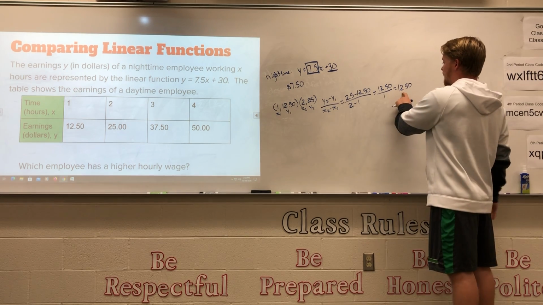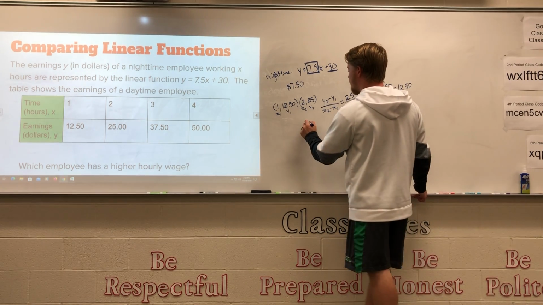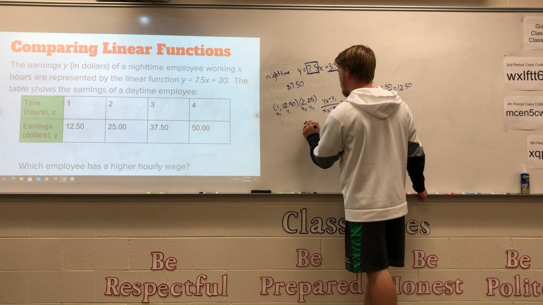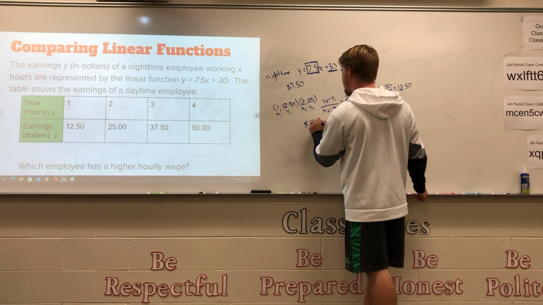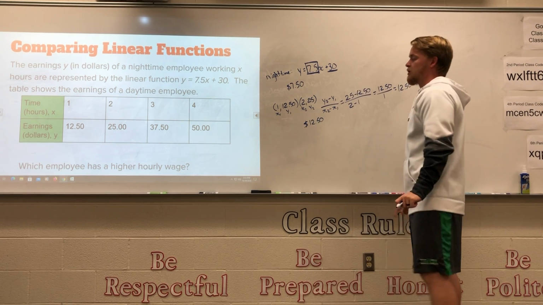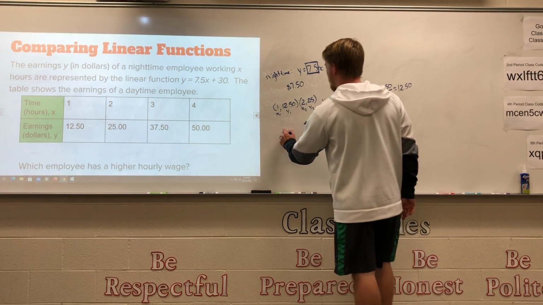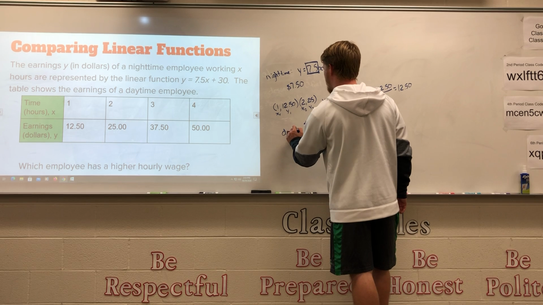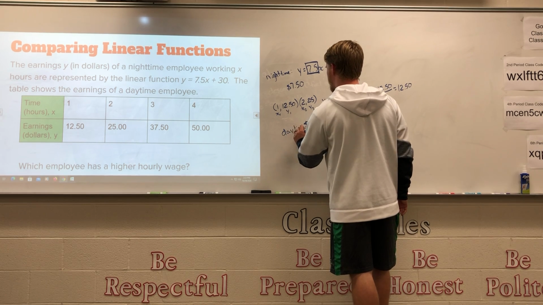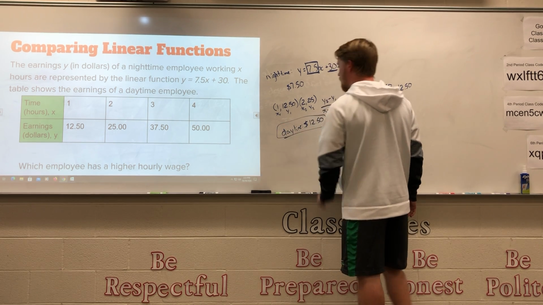So that means this is my slope. That means my daytime employee makes $12.50 per hour. So when asked which employee has a higher hourly wage, it would be your daytime employee, because he makes $12.50 per hour.